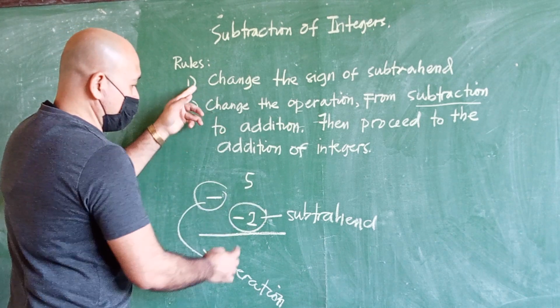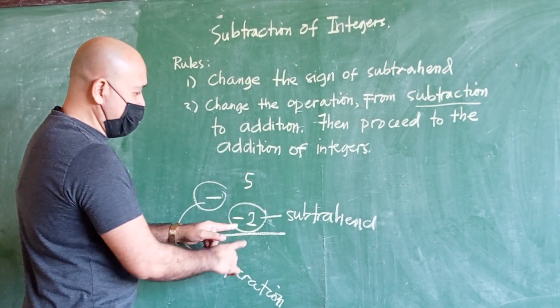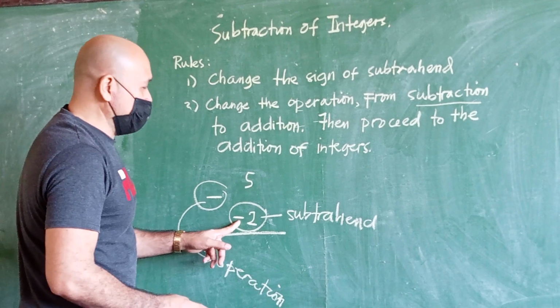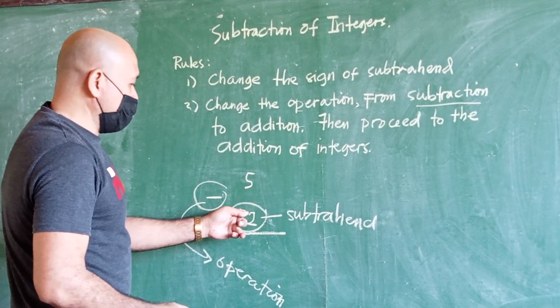Rule number 1, change the sign of the subtrahend. So if the given sign of the subtrahend is negative, you will change that one into positive. That's understandable.